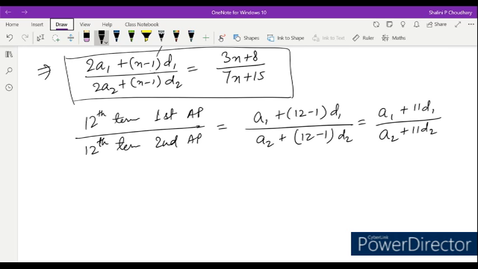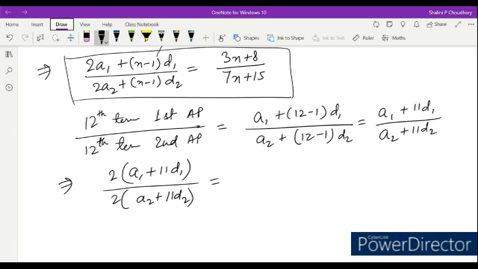Okay, now one thing we can do: multiply by 2. So the ratio of the 12th terms will be 2 into (a1 plus 11 d1) divided by 2 into (a2 plus 11 d2). So we will get 2a1 plus 22 d1 divided by 2a2 plus 22 d2.